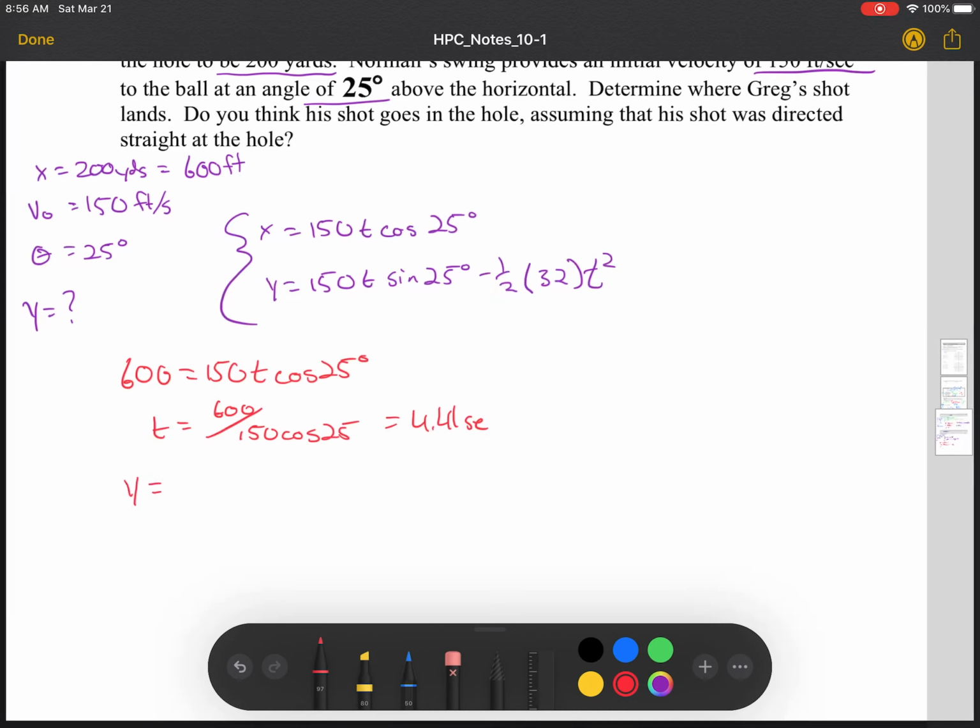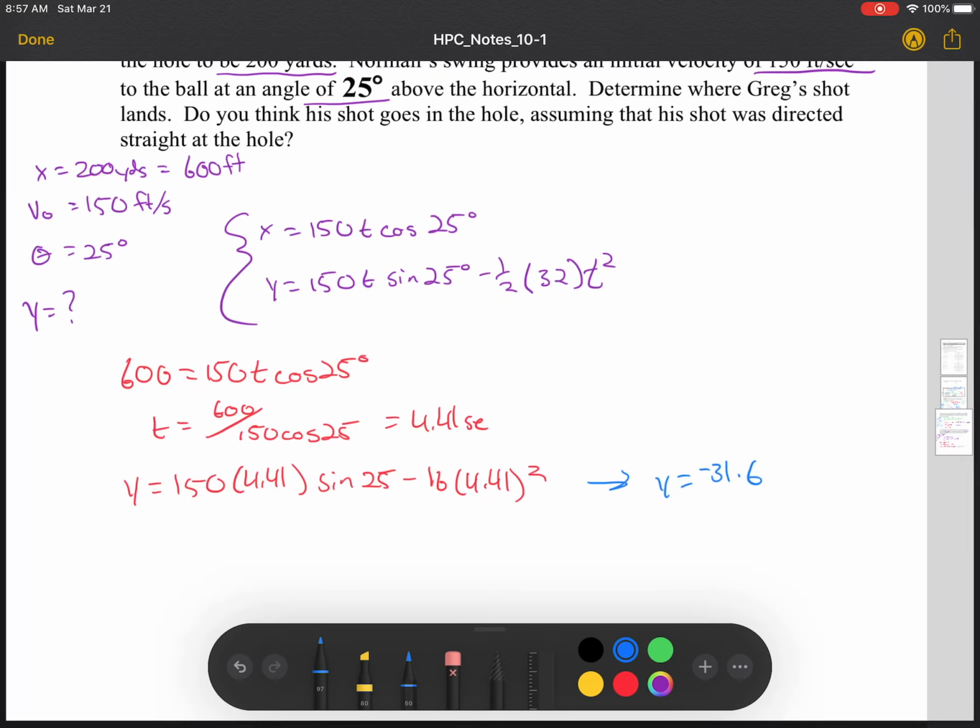Plug that into our y equation: 150 times 4.41 sine 25, minus 16 times 4.41 squared. So when you plug all that into your calculator, what you're going to get is y equals negative 31.6.